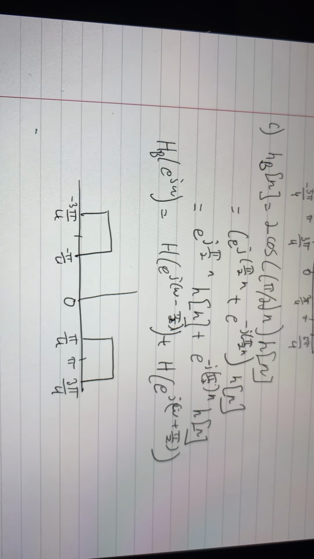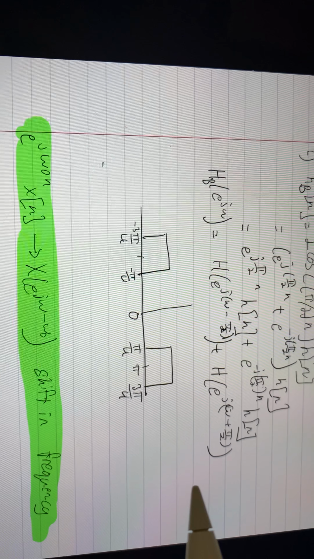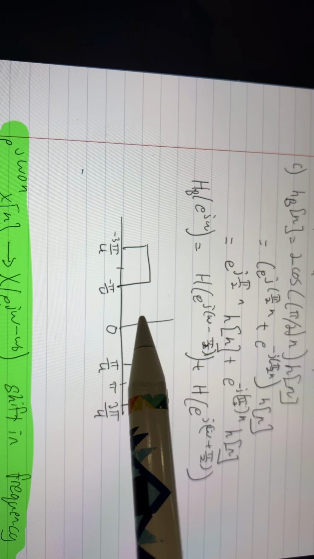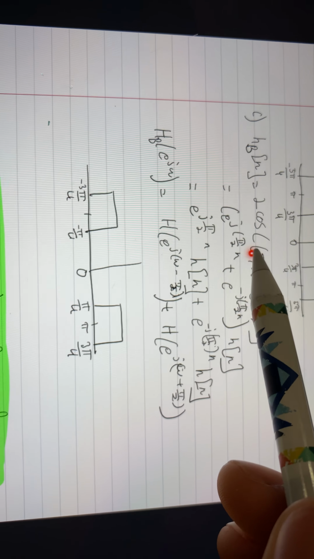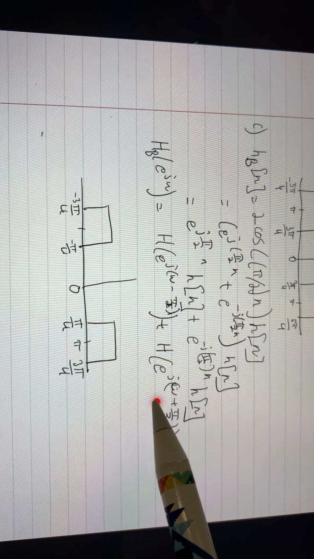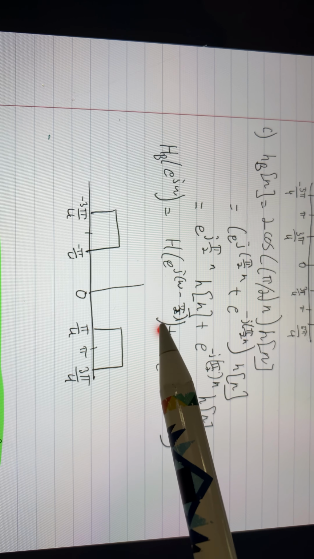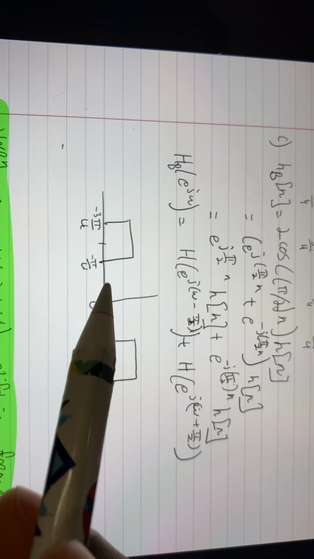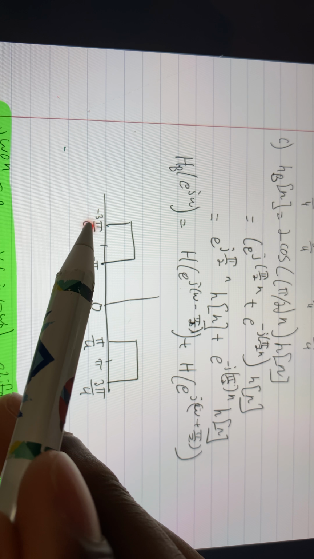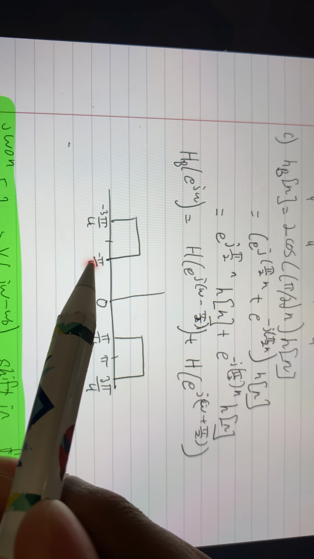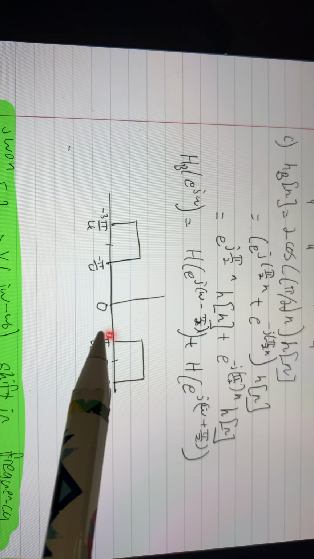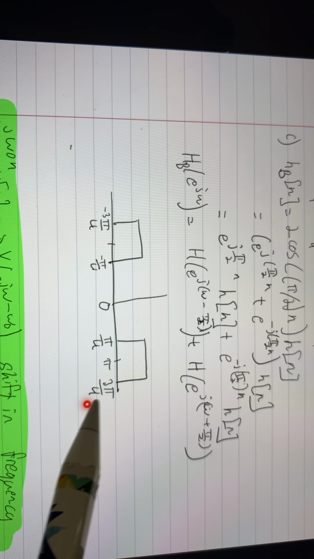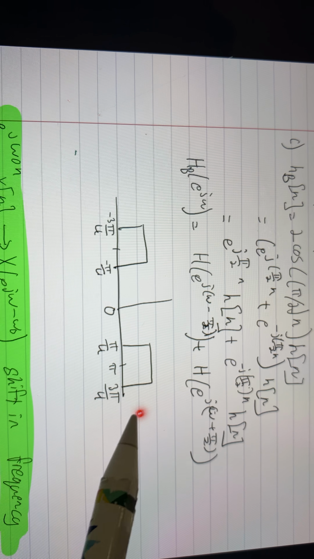So, and for part C, it's the same thing again, where we essentially have a shift in frequency. When you look down through the steps, following it, we have the same sort of shift, but we really have -3 pi over 4 to -pi over 4 with a gain of 1, and pi over 4 to 3 pi over 4 with a gain of 1 as well.